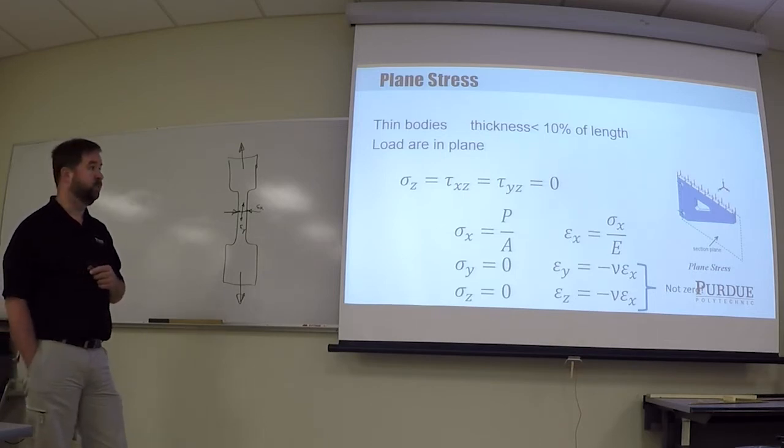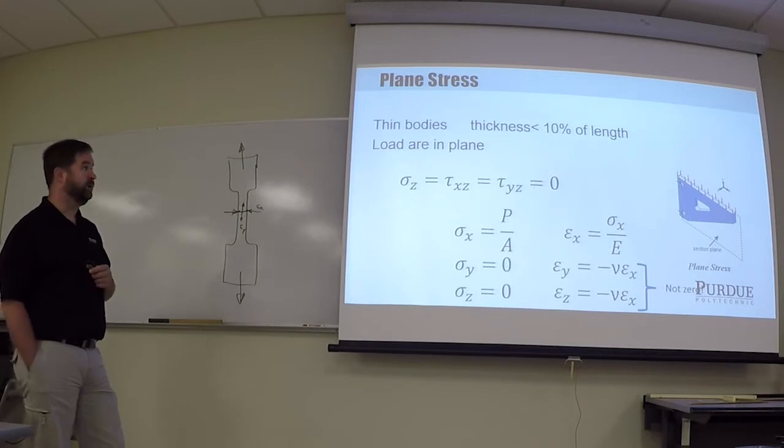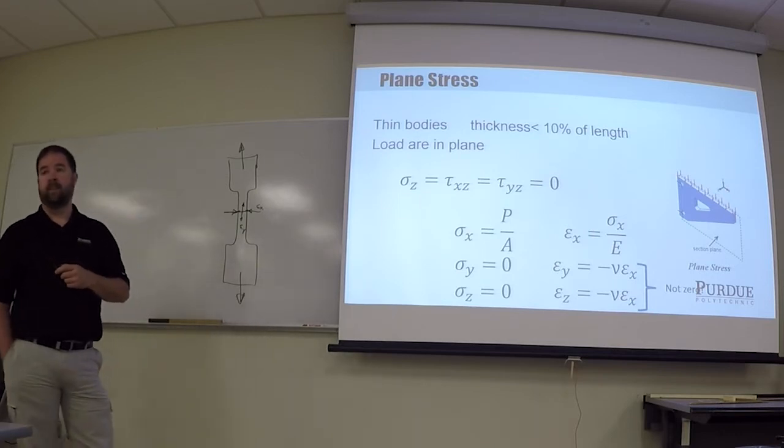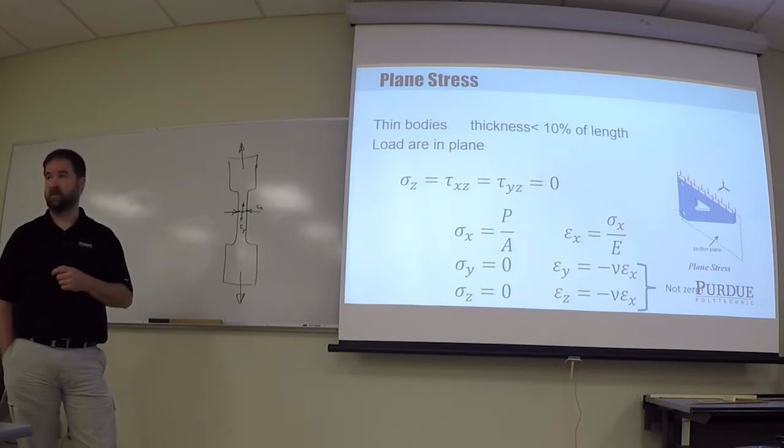All right? So, an arbitrary definition of a thin body is that my thickness is less than 10% of its length. So the balloon that I used already would be an example of something that's subject to plane stress because its thickness is very, very much smaller than its overall size.